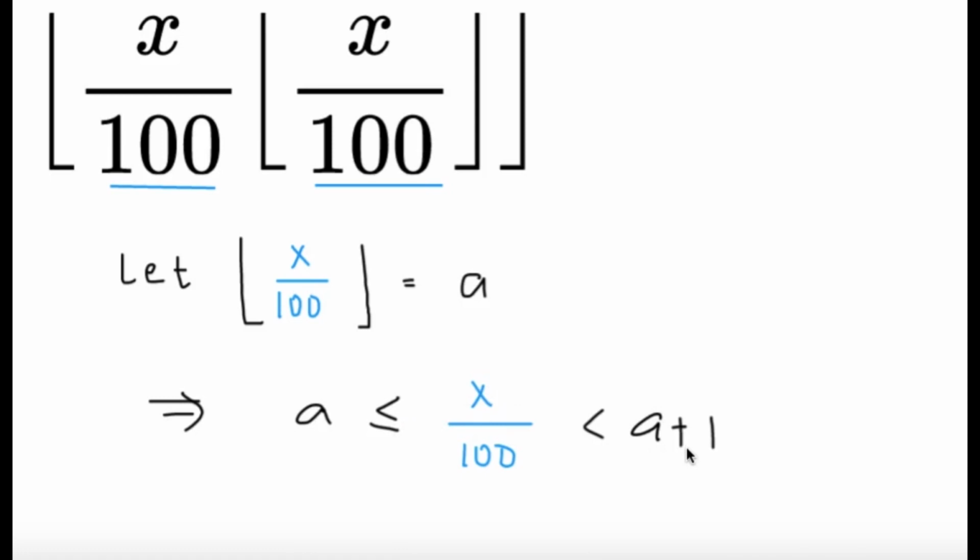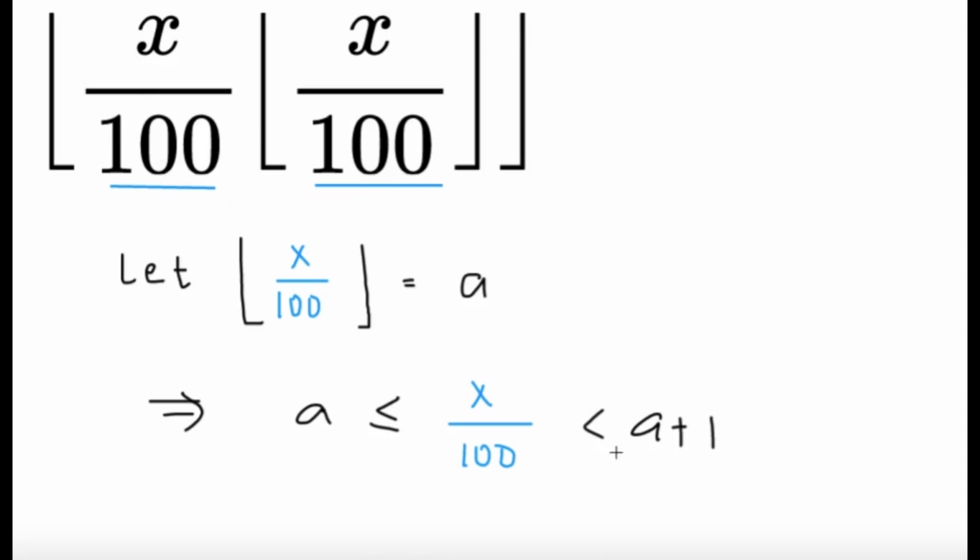And what we're going to do here is the following. Now, we have this equation, and we are going to manipulate it to look something like this. Because we have the nice floor of x over 100 equal to a, if I multiply the x over 100 by the floor of it, it's going to look something like the inside of this outermost floor function.